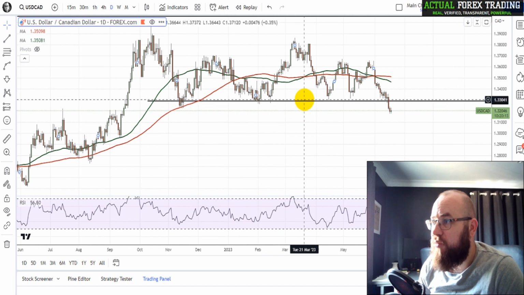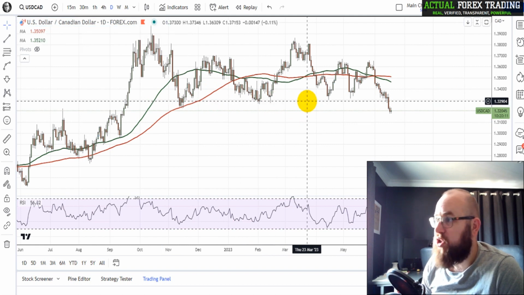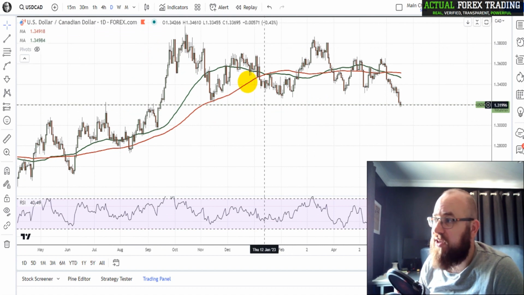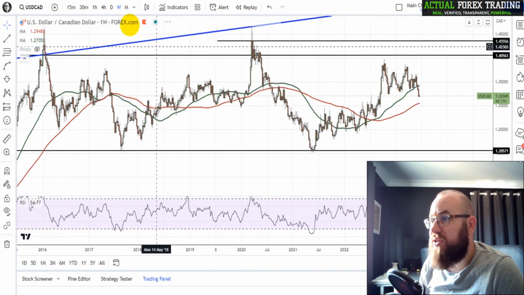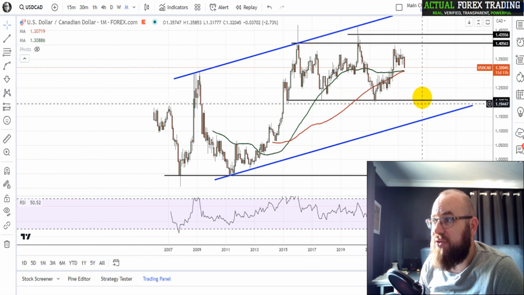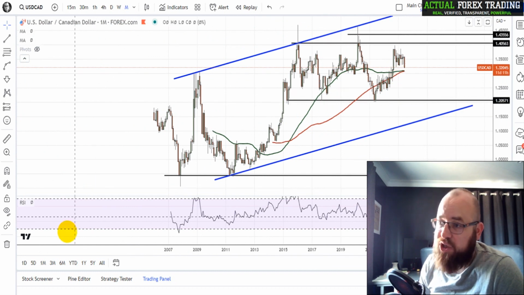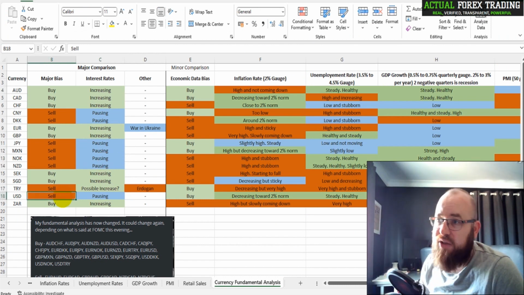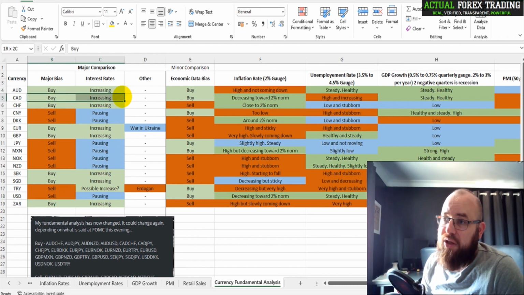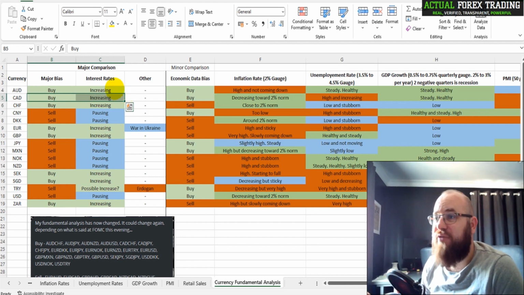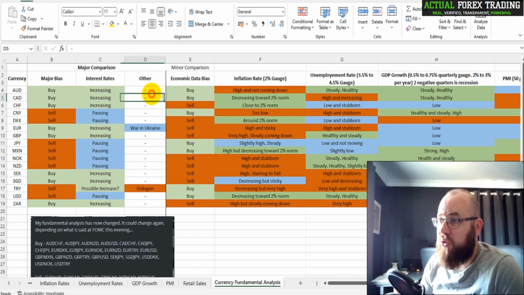This thing could continue to move lower if the fundamentals don't change, or if they strengthen further in the bias they're currently given. We have this big monthly range. We could see this thing come down to this range support if the fundamentals don't change, but they could. It could be that the US starts raising rates again. It could be the Canadian central bank decides to pause rates or even cut rates. We don't know what the future holds.